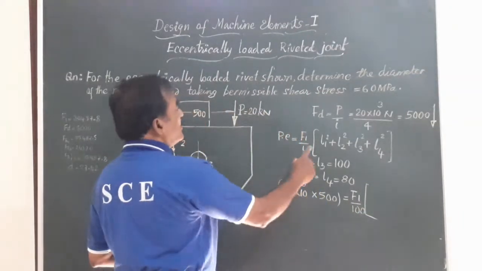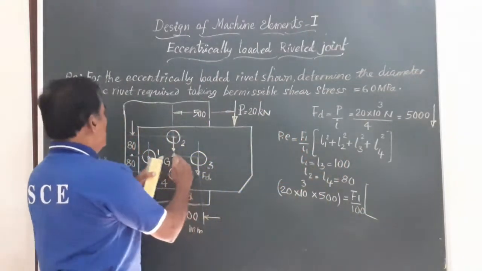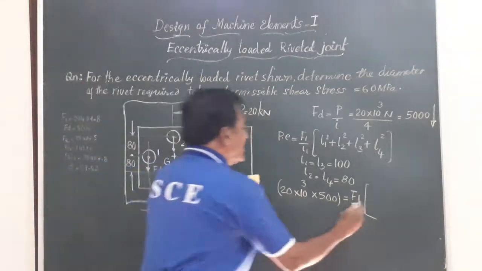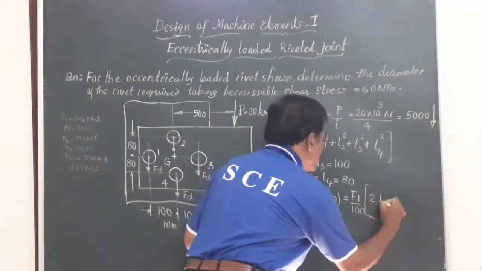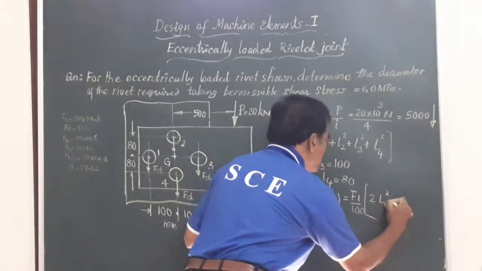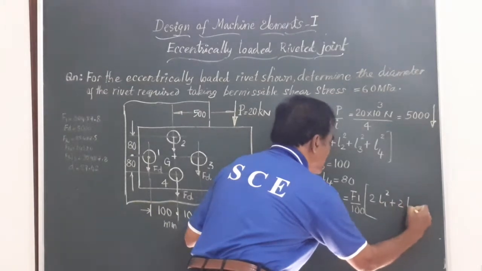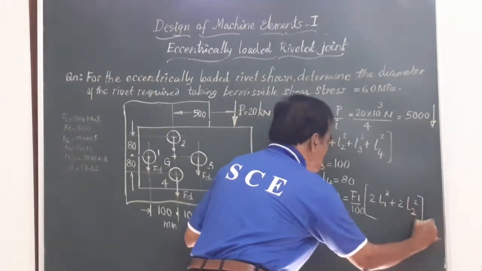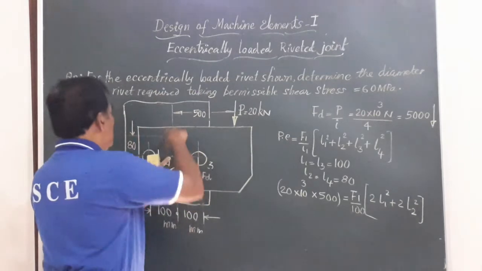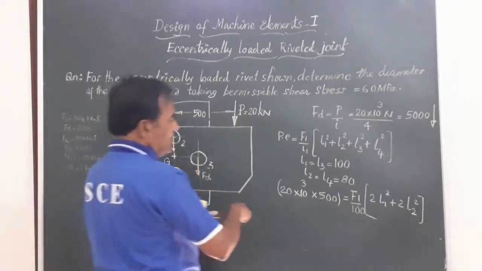The other values are L1 square plus L2 square. L1 is equal to L3. I can call it as 2 times L1 square plus 2 times L2 square, because L1 is equal to L3 and L2 is equal to L4.